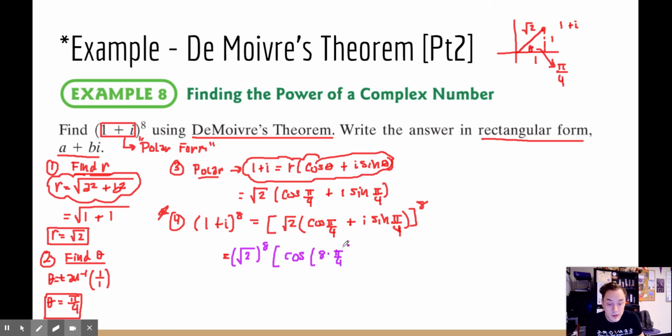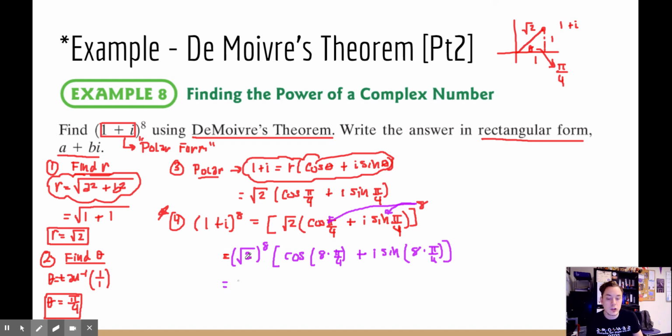This is the same power formula that we learned in the last slide, plus i sine of 8 times pi all over 4 as well. Notice my 8 gets implanted into my formula, and that's what I wanted to do.